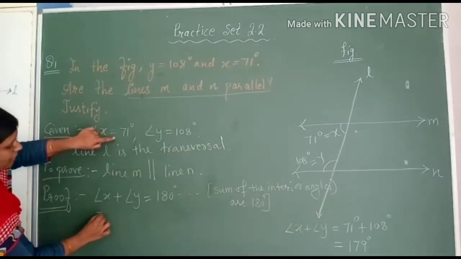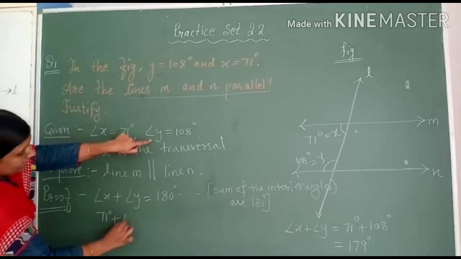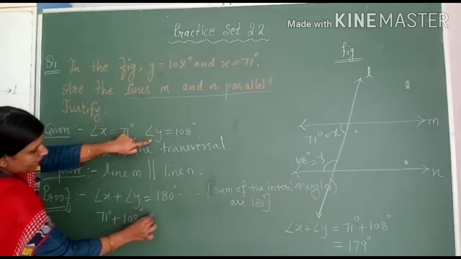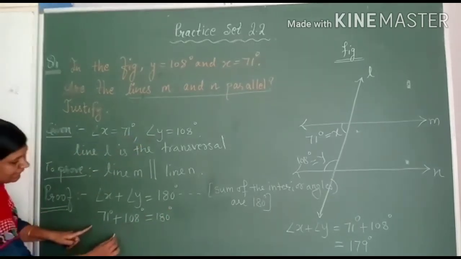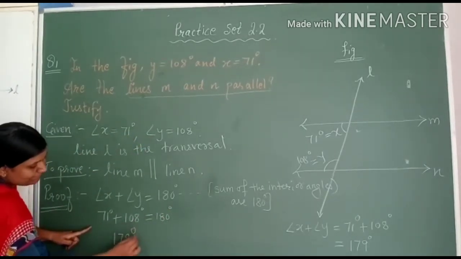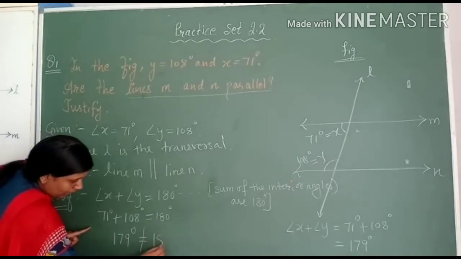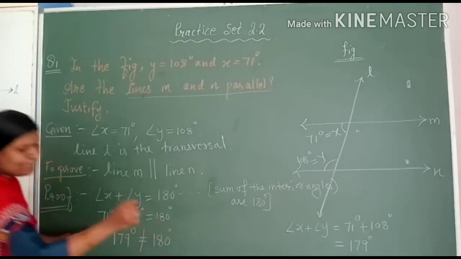Now angle X is 71 degrees and angle Y is 108 degrees. 71 plus 108 is 179 degrees, which is not equal to 180 degrees.